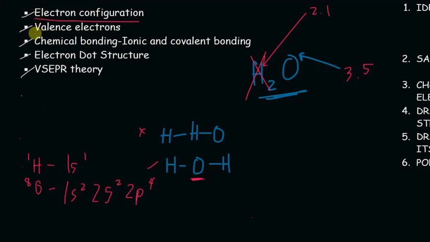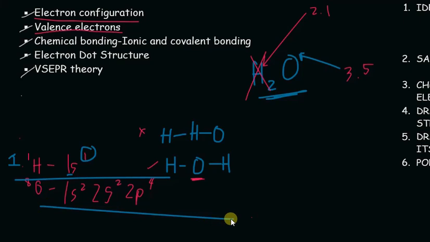Let's check their valence electrons. The valence electrons are the electrons found on the outermost energy level. Let us check for hydrogen. Hydrogen only has one electron and it only occupies the 1s orbital. So therefore, the outermost energy level is 1 and it has only one electron. Hydrogen has one valence electron.